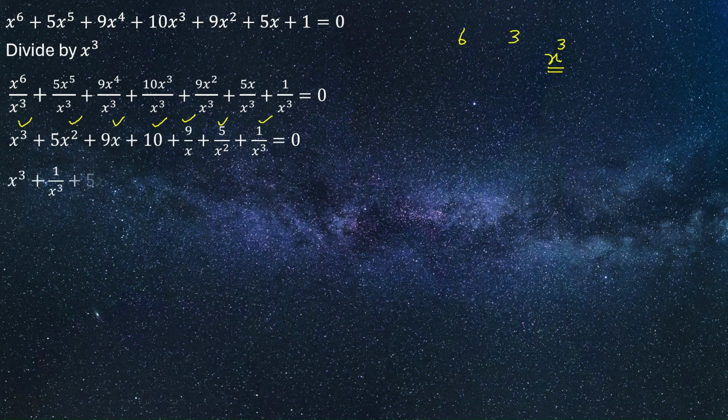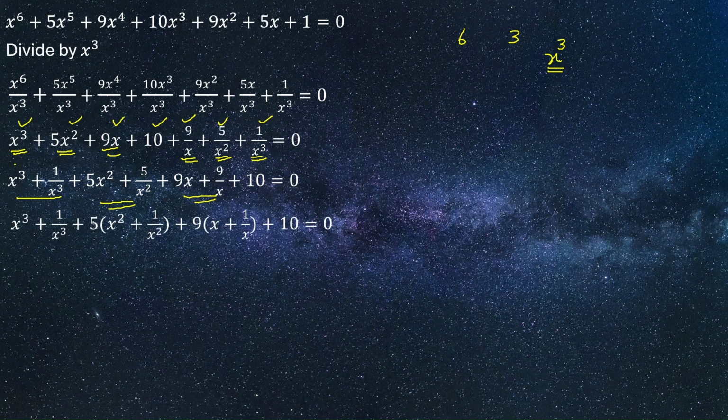We combine these specific terms: x^3 with 1/x^3, 5x^2 with 5/x^2, 9x with 9/x. Now we take common and further simplify it and write it as (x^3 + 1/x^3) + 5(x^2 + 1/x^2) + 9(x + 1/x) + 10.